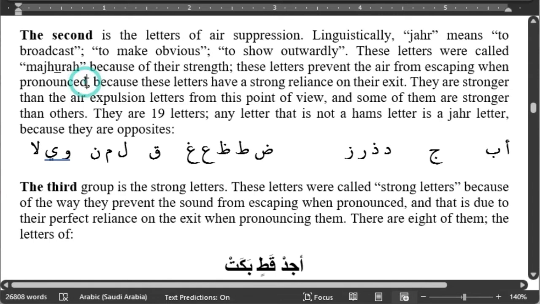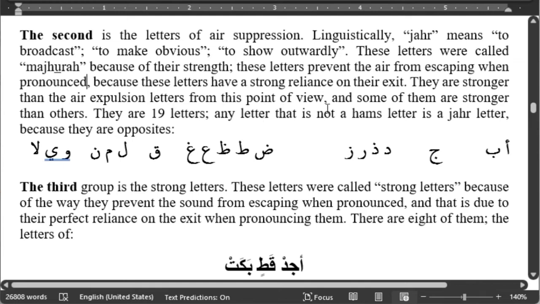And that doesn't mean that there's not even any bit of air that gets out. They prevent the air from escaping because they have a strong reliance on their exit. They are stronger than the air expulsion letters from this point of view, and some of them are stronger than others. They are 19 letters.